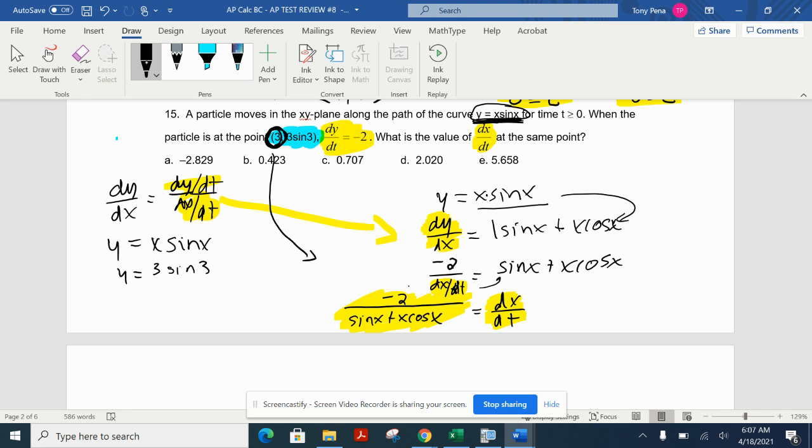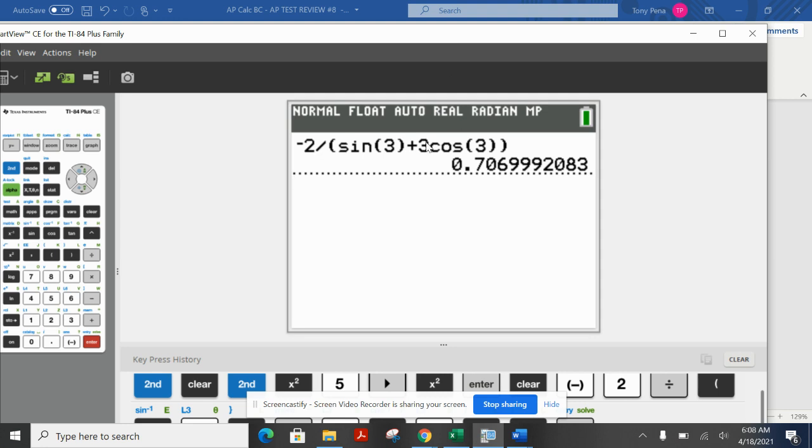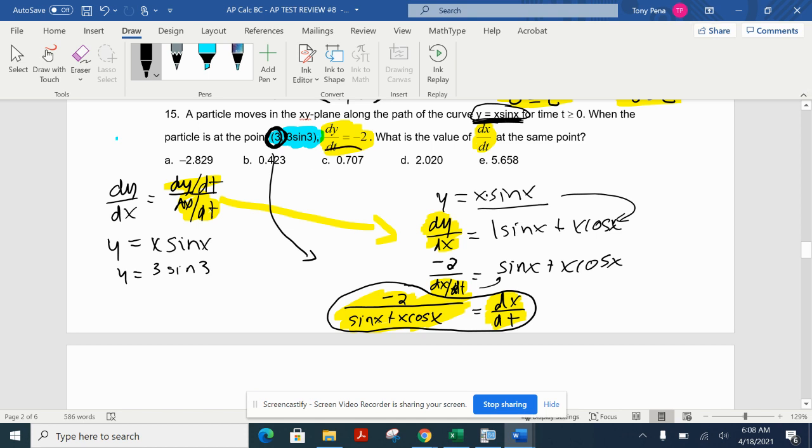So what we're simply doing now is evaluating this on the calculator, letting x be 3 for all of this. So I'm going to do -2 over sine 3 plus 3 cosine of 3. I have that plugged in here, you can see. And you'll notice that that's going to give you about -0.70, rounding that third decimal to 7. And then this is your answer.